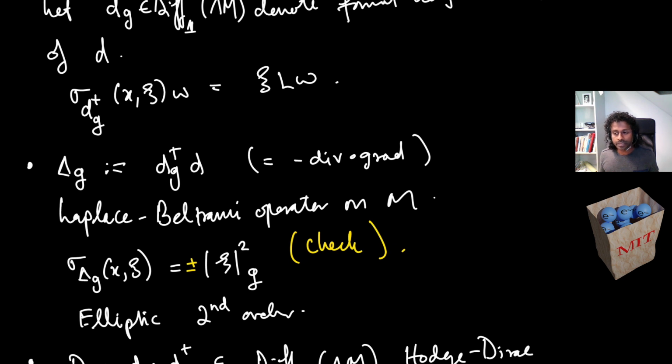No, I think it should be the other way around, because div is typically the negative of the adjoint. So for me, at the end of the day, I want positive operators. It's only convention, but I'm a positive guy, so I want my Laplacians to be positive.